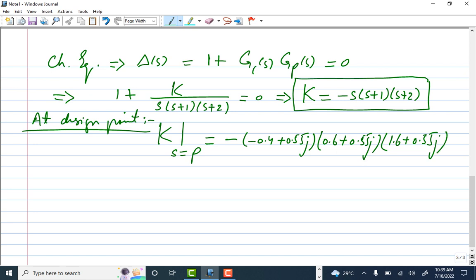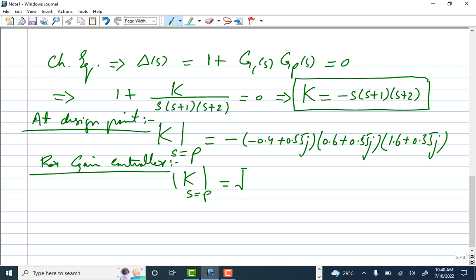Now we have to design the controller, so take the magnitude for the gain controller. The magnitude of k when s equals P: take the magnitude of this whole expression. If you remember, we take the square root of the sum of squares, that is 0.4 squared plus 0.55 squared.